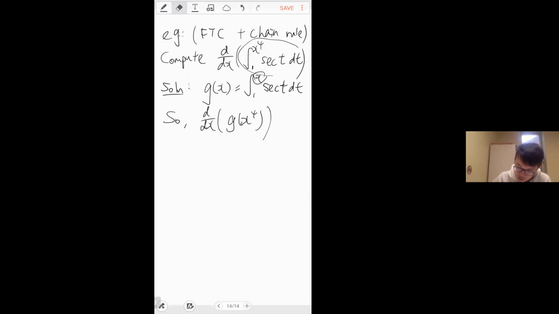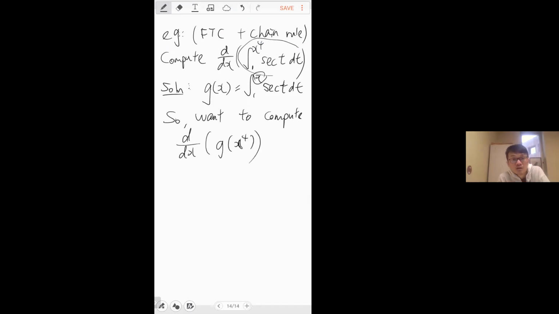So we want to compute the derivative of g of x to the 4. Does everyone agree with this?